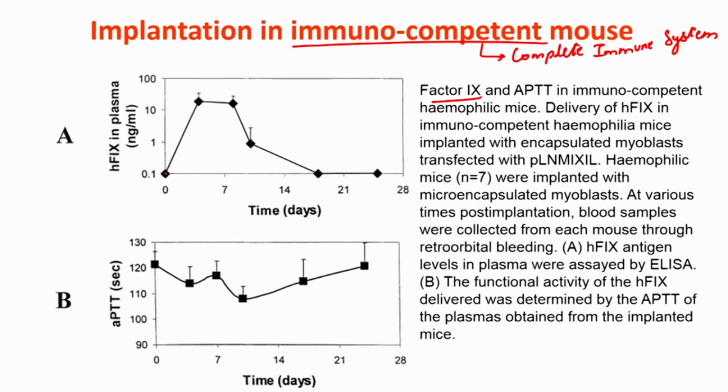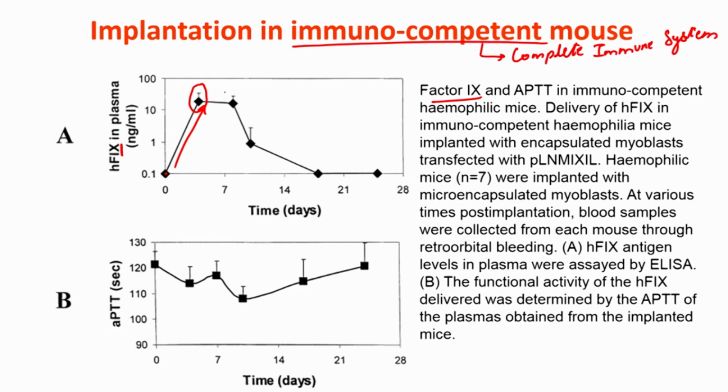Initially, of course, before implantation there is no antigen for this factor 10 which is missing in this mouse, and as the time increases you see that this implantation has worked, and some amount of this particular antigen is now floating in the mouse circulation.